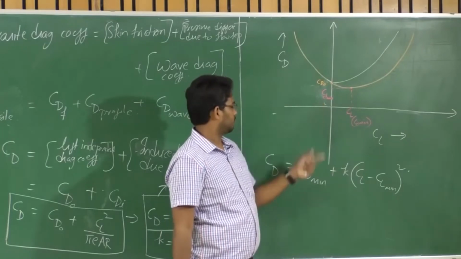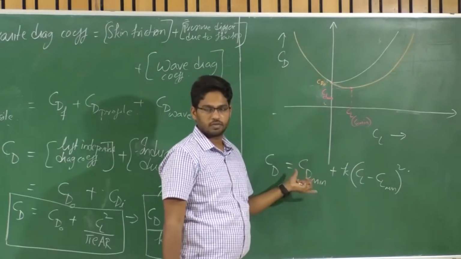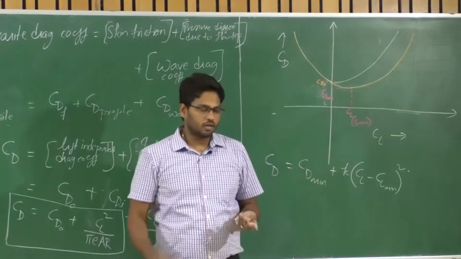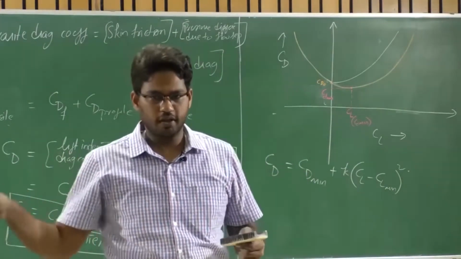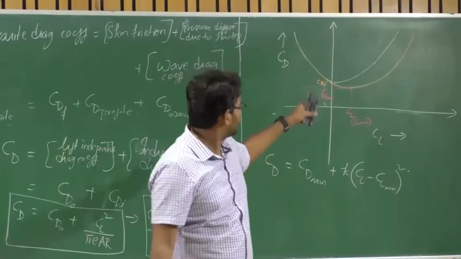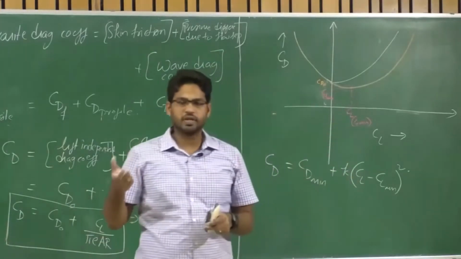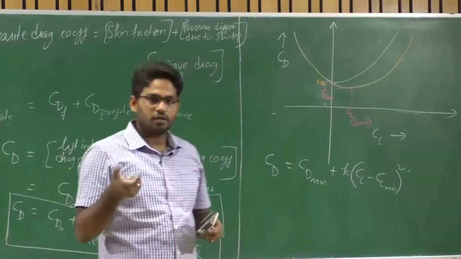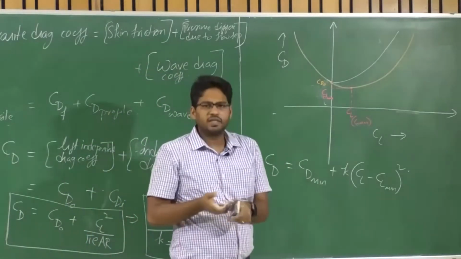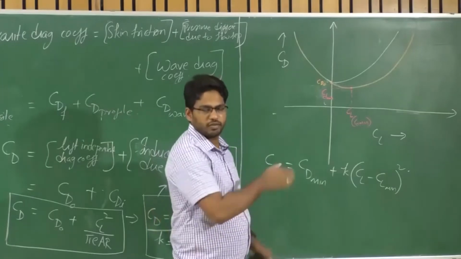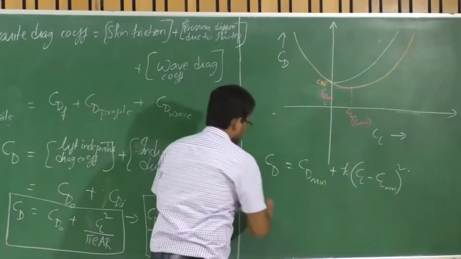It becomes CD minimum. But for modern aircraft with moderately cambered aerofoils, the difference between CD naught and CD minimum is very, very less, and the difference can be almost negligible, and we will neglect it for the entire course.